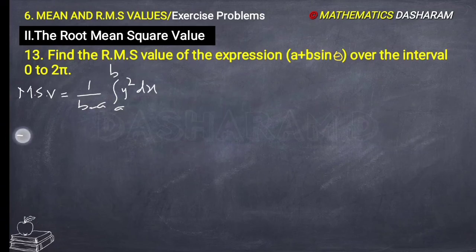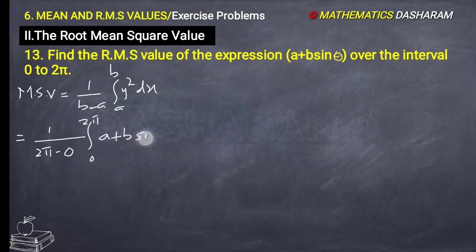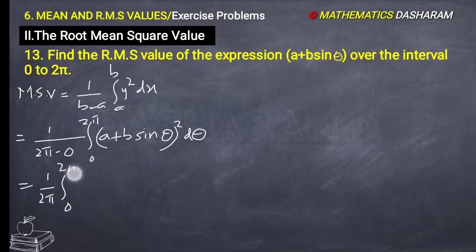So it is equal to 1 by, b value is 2 pi and a value is 0, so 0 to 2 pi, y square, that is (a plus b sin theta) whole square. Here the expression is given in theta, so we can take d theta. So 1 by 2 pi integration 0 to 2 pi.